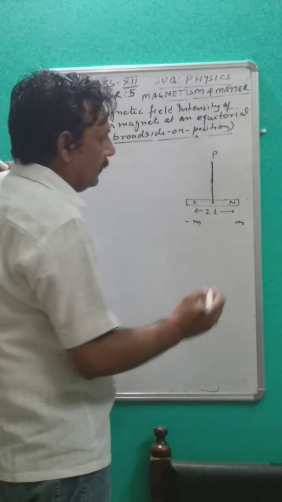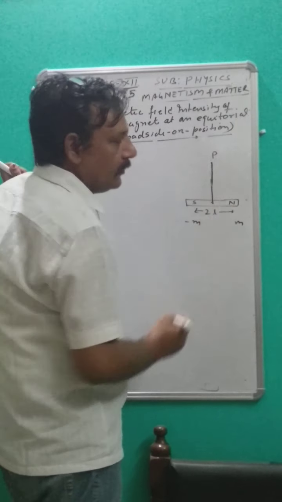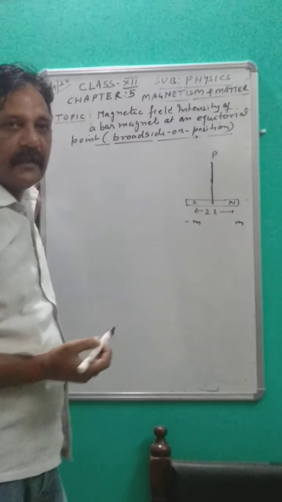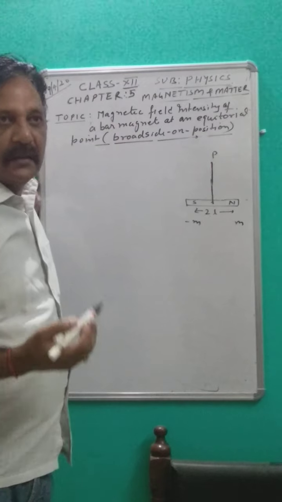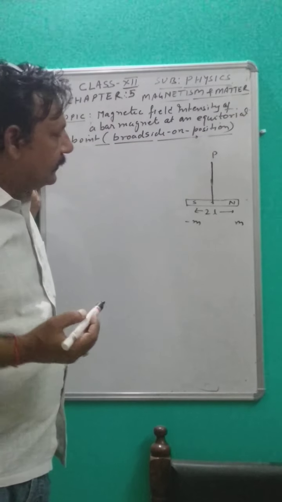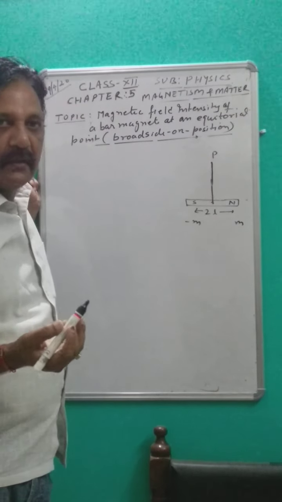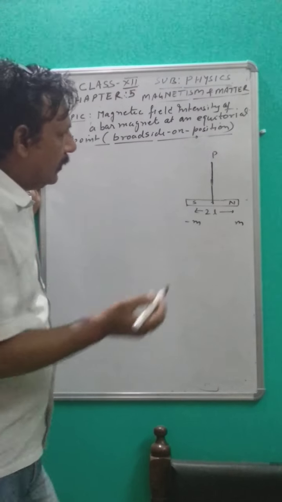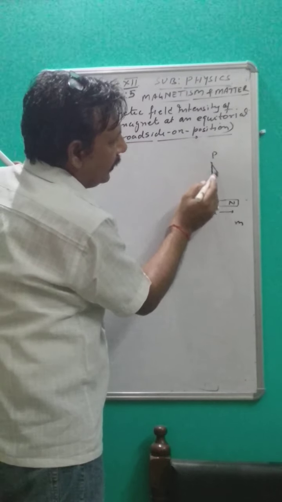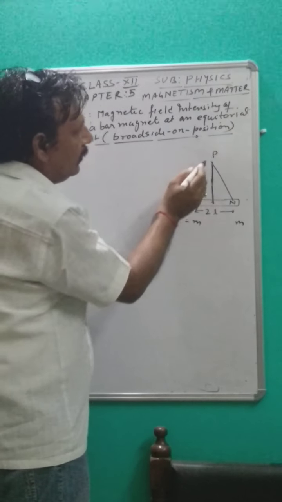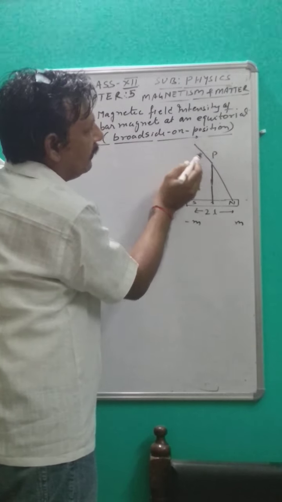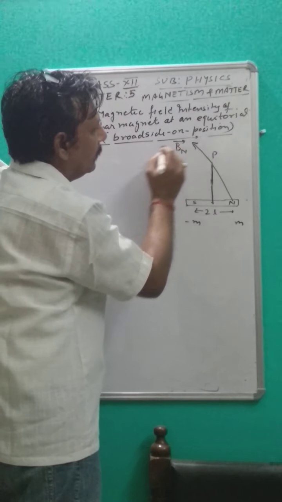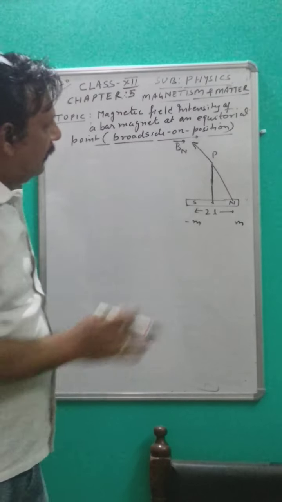At point P, there are two fields. First, due to the north pole, that is the positive magnetic charge. Here positive magnetic charge represents the north pole, and negative magnetic charge represents the south pole. The magnetic field at point P due to the north pole is given by Bn.